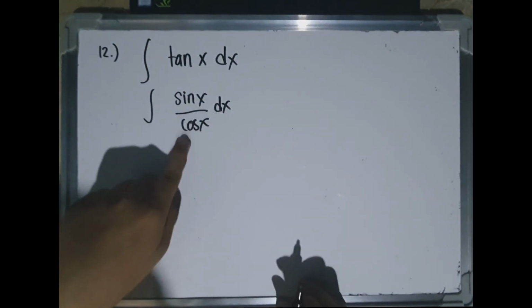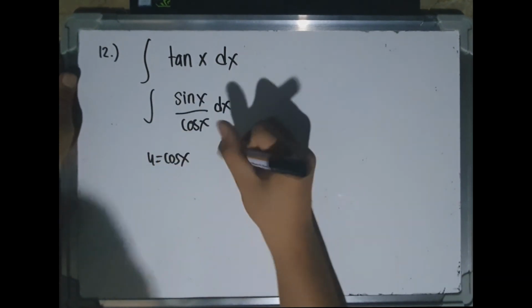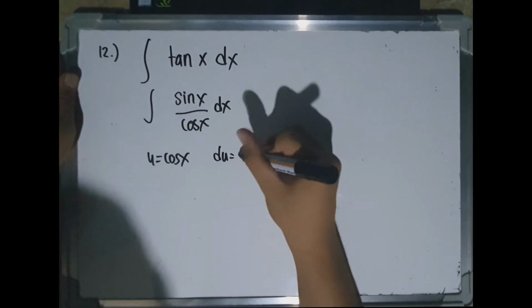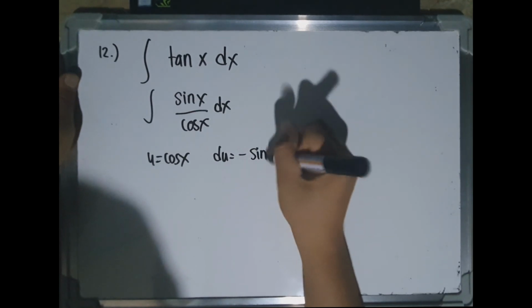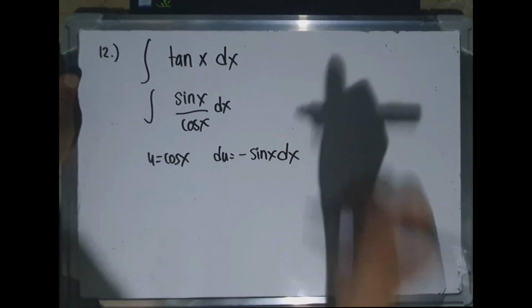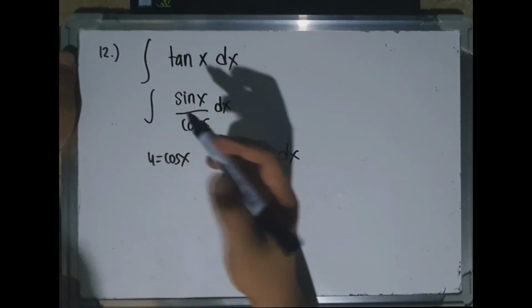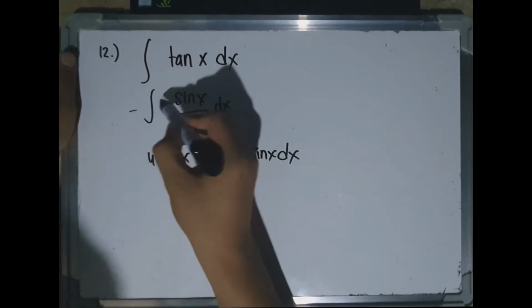And we have the dx right here. If we choose cosine as u, the du should be negative sine x, and the derivative of x is dx. Okay, so we will be needing a negative right here. So we replace negative and negative.